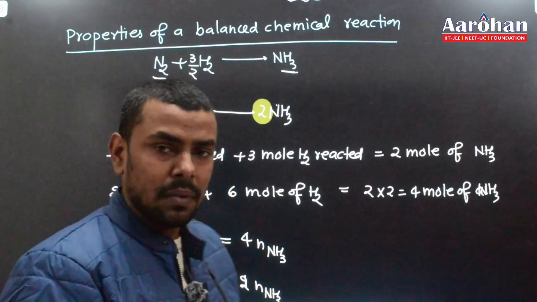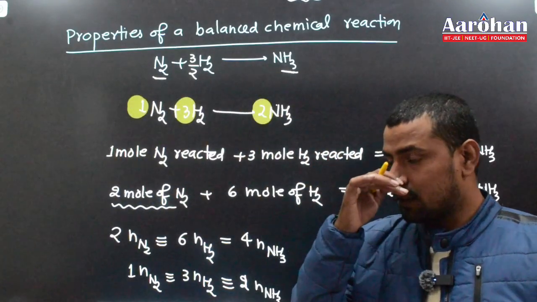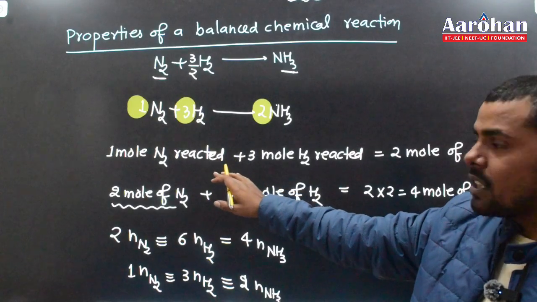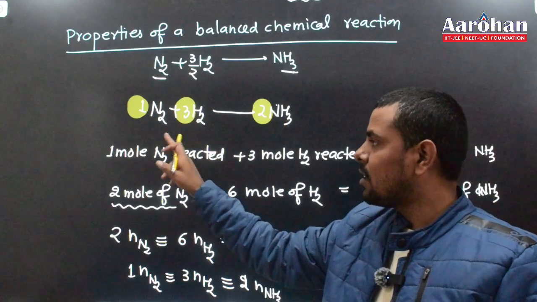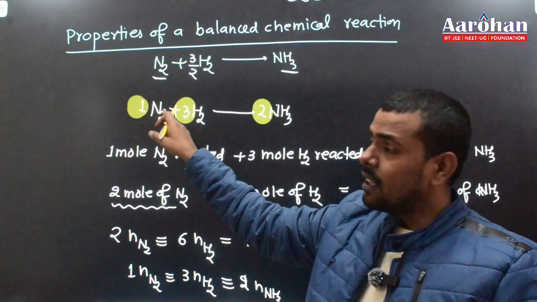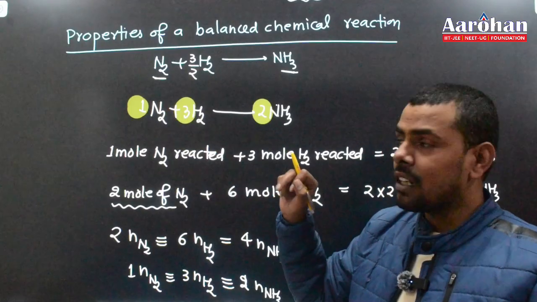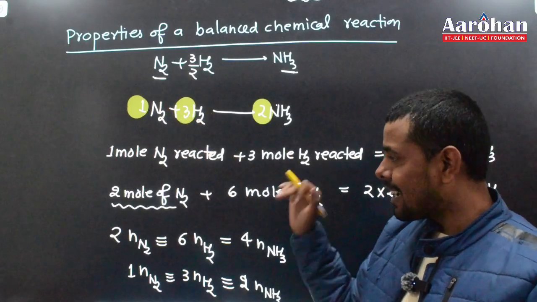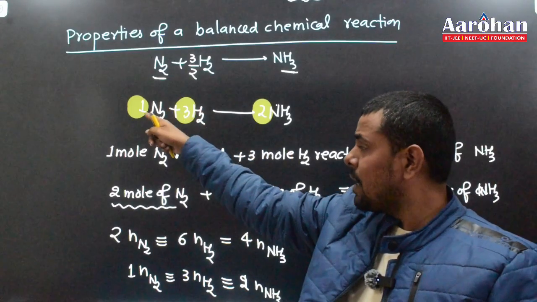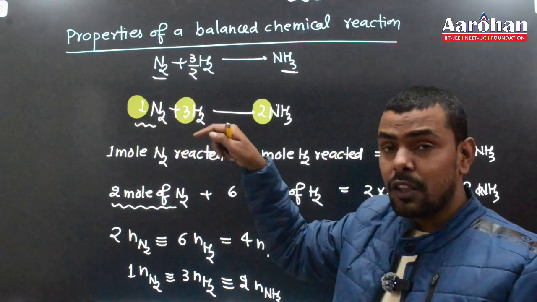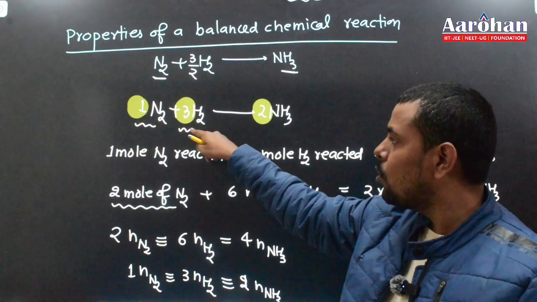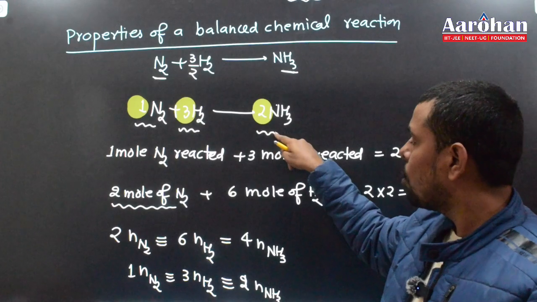This is the meaning of a balanced chemical reaction. The first property of a balanced chemical reaction was that the number that appears before reactant and product is called coefficient. And the second property is, if 1 mole of N2 reacted, then we require 3 mole of hydrogen and then 2 mole of ammonia is formed.